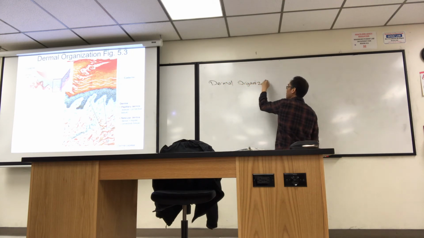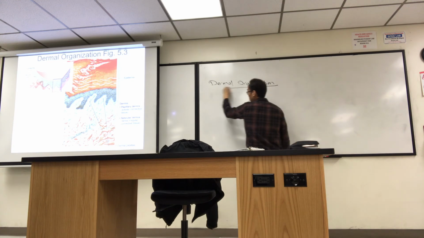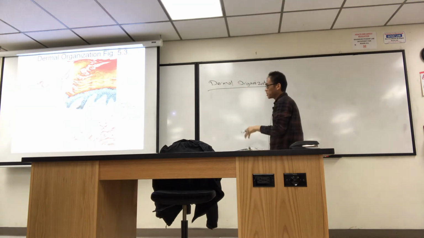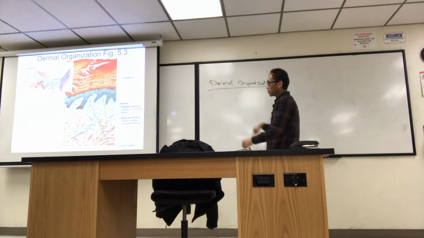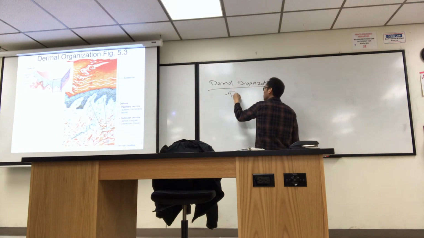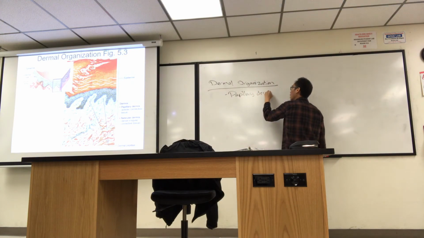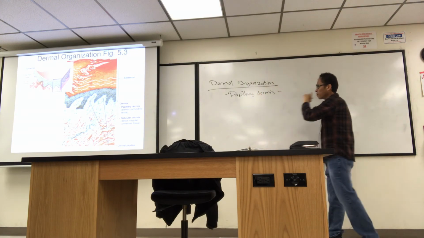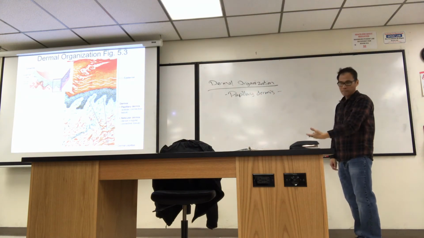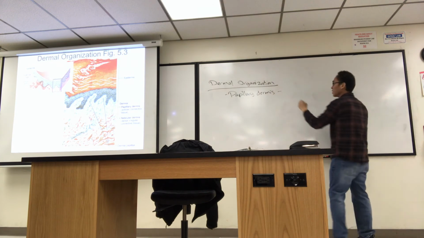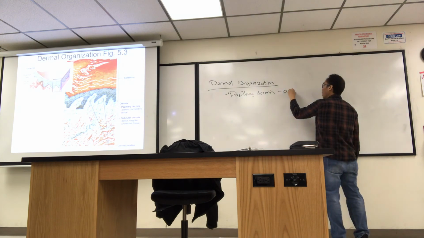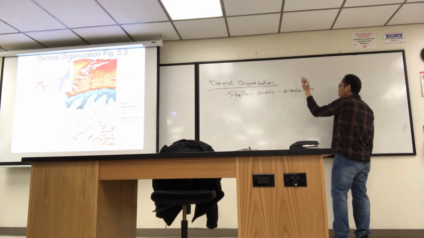So for the epidermis, you had all those strata to sort out. For the dermal organization, just papillary and reticular. What I had said earlier, the papillary part of the dermis is loose CT, or areolar CT, which is also loose CT.